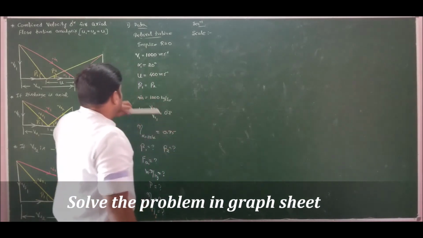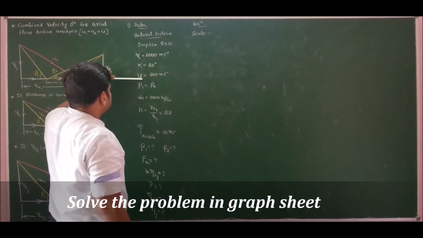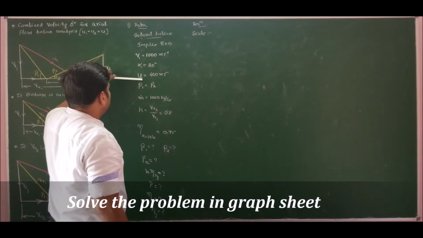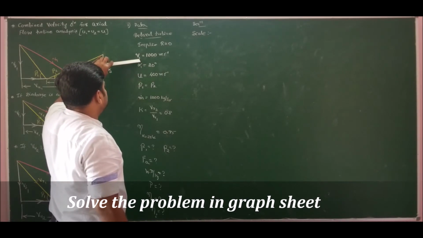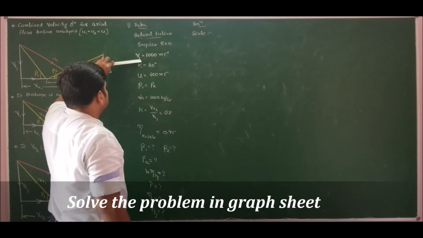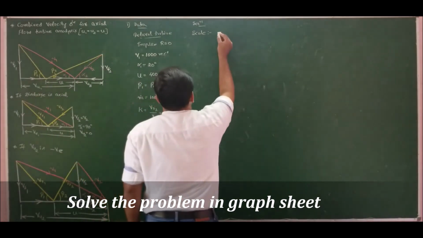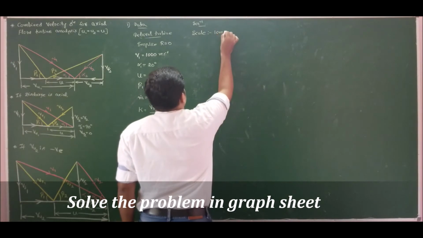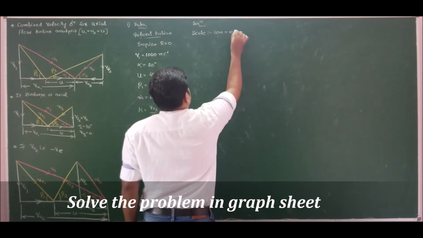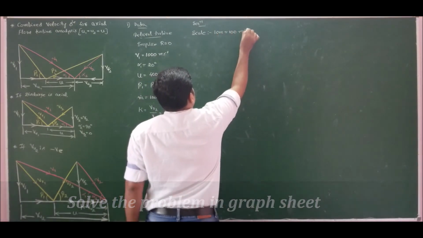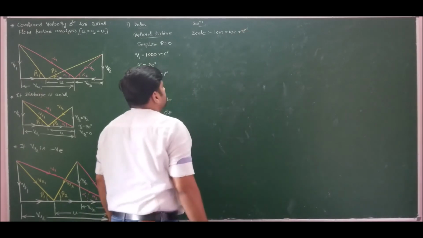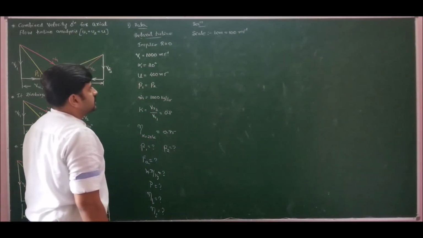So if I fix U to 4 centimeters, then V1 is 10 centimeters, which I can accommodate. So I will take the scale as 1 centimeter is equal to 100 meters per second.